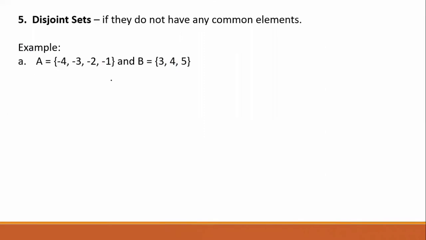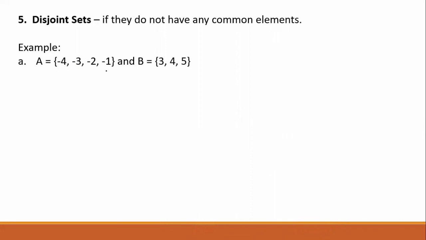What have you observed from the given sets? That's right. Set A contains negative numbers while set B contains positive ones. And from the definition of disjoint sets, if they do not have any common elements, then they are said to be disjoint.